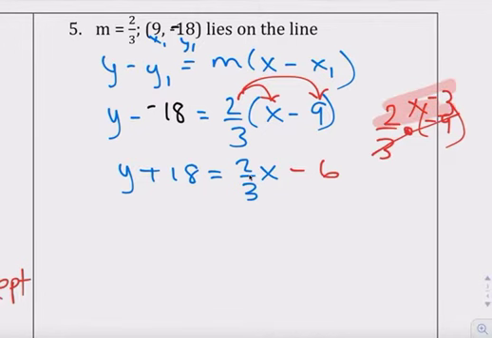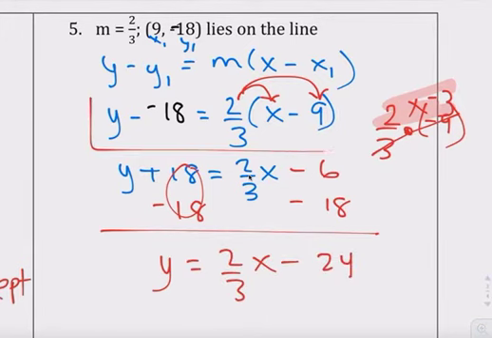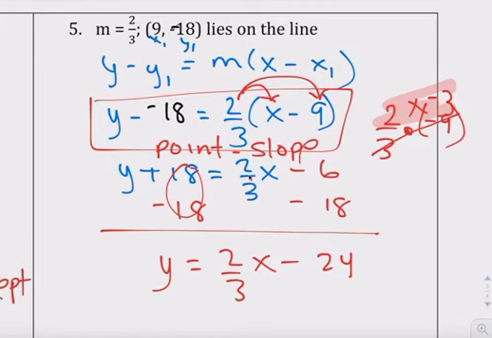And then you need to make it equal to 0, minus 18, minus 18. You get y equals 2/3 x minus 24. This is point slope. And this is slope intercept.